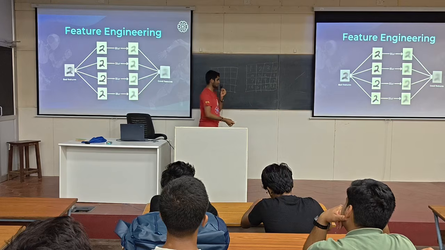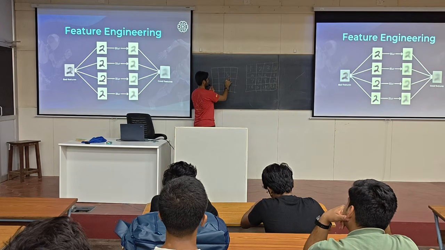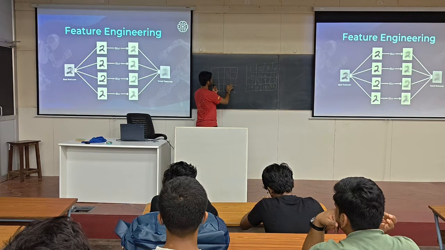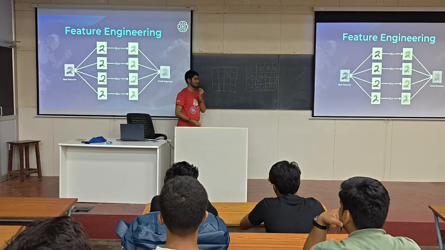And 66 divided by 9, that's 11 by 3. So I'll replace this 6 by 11 by 3, which is nearly 3.6. Yeah, fine, 3.6. So I replace this.